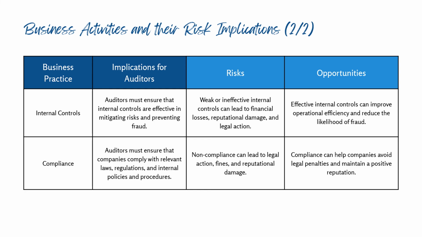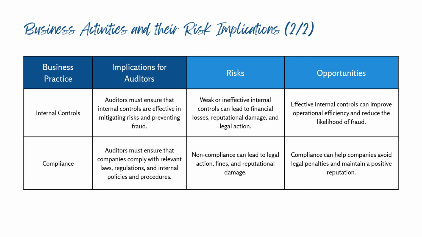So next is internal controls. For internal controls, auditors must ensure that internal controls are effective in mitigating what? Ano yung effectiveness niya? Mitigating the risk and preventing fraud. And weak or ineffective internal controls can lead to financial losses, reputational damage, and of course, legal action.